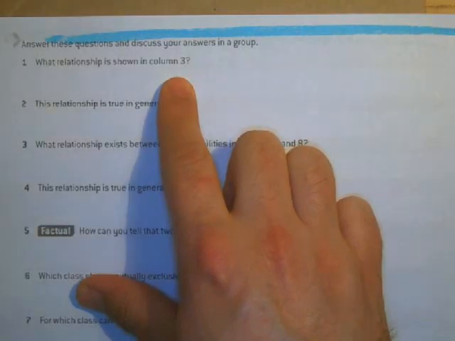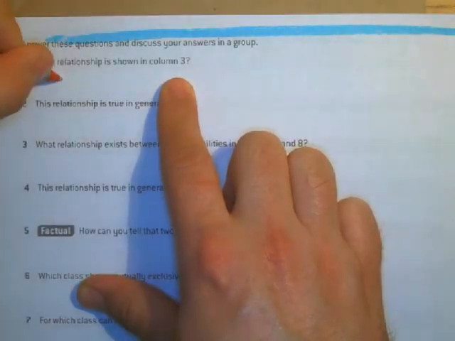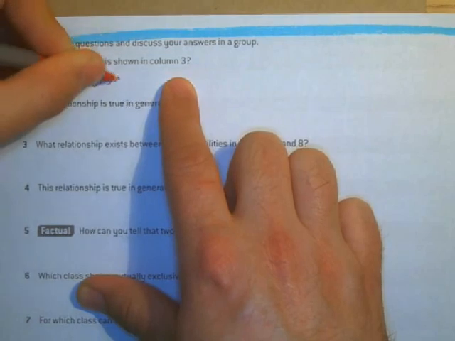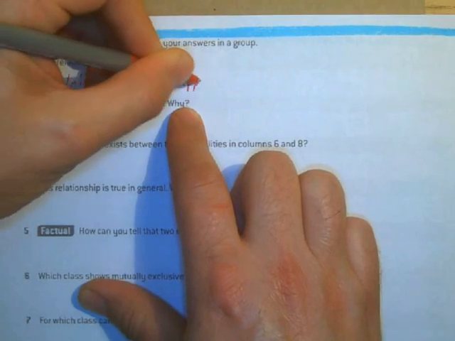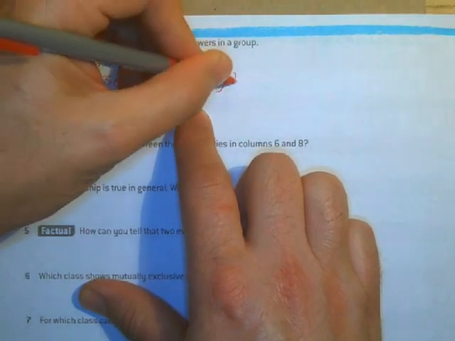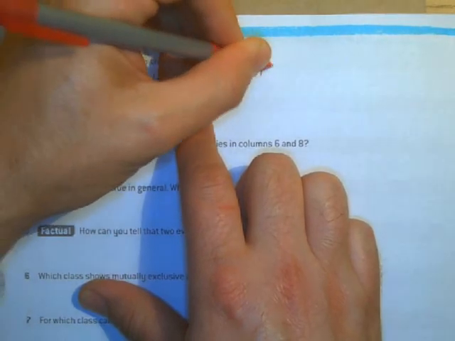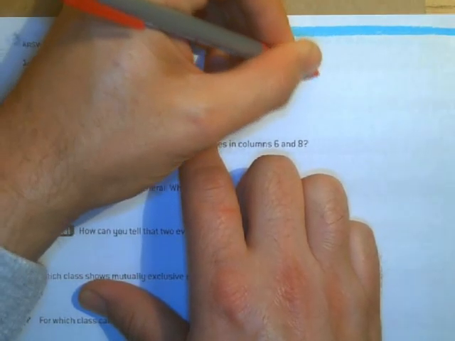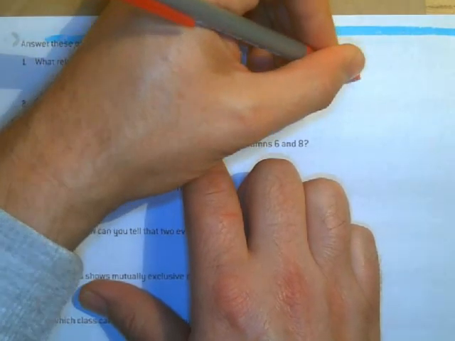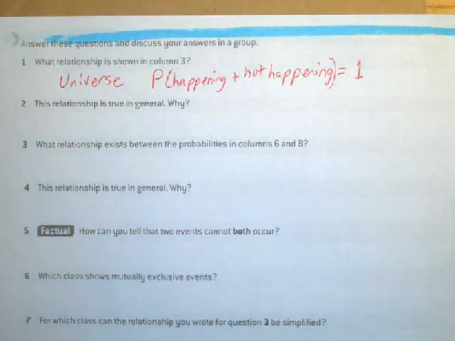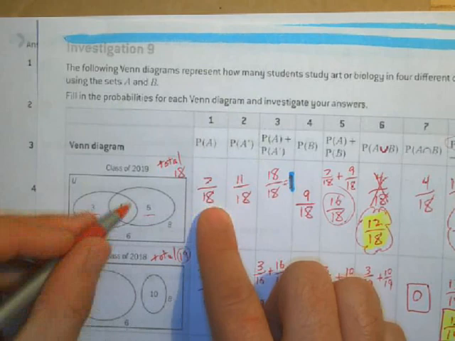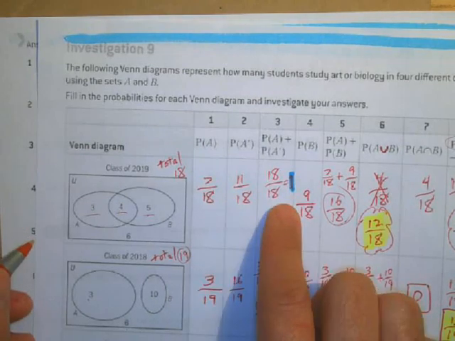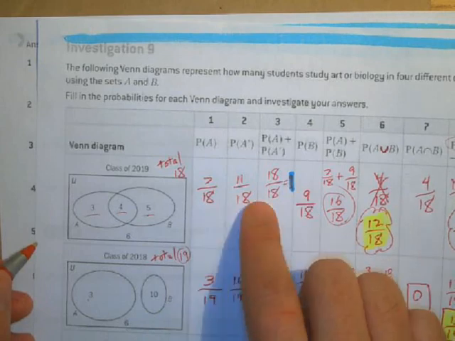So the relationship in column 3 is the universe, which is the probability of happening plus not happening, which is equal to 1. 100% going to happen. Okay, why is this always true? Because if I add everything inside A plus everything outside of A, it's always going to add up to 1 when I add up those two probabilities.